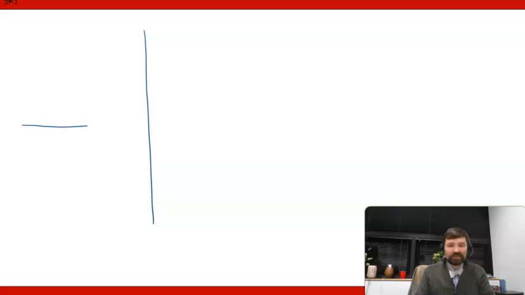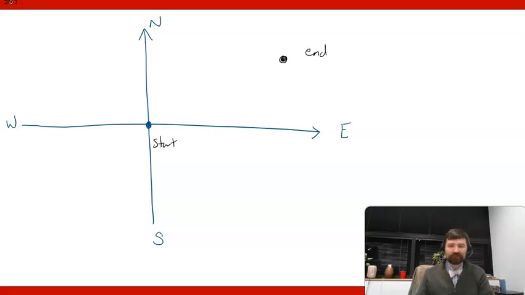For example, maybe this is the ground, and this is east, west, north, and south. Imagine that you started here. So this is initial position. And imagine that you want to go to this location right here. So here's start, here's end.